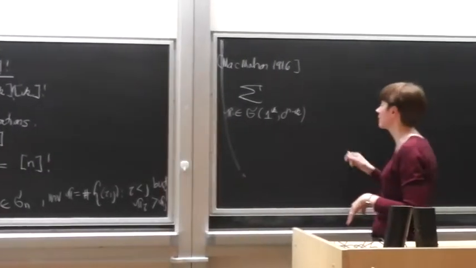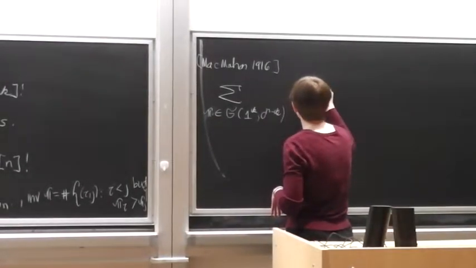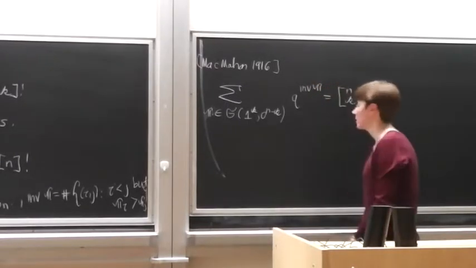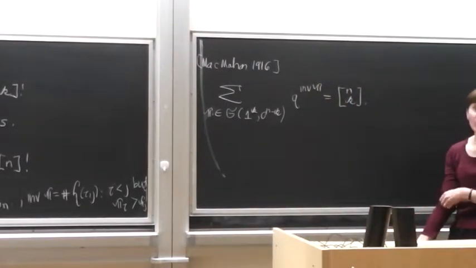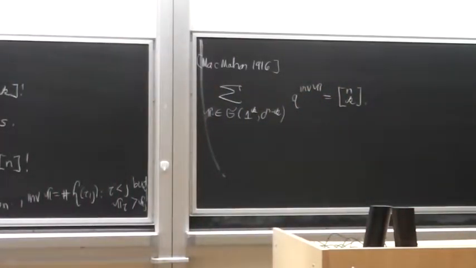Again, let's keep track of the inversion number of pi, and we actually get the q-binomial coefficient. Do you have an earlier reference, I hope? Yeah, we'll see. Okay, so let's actually do an example.